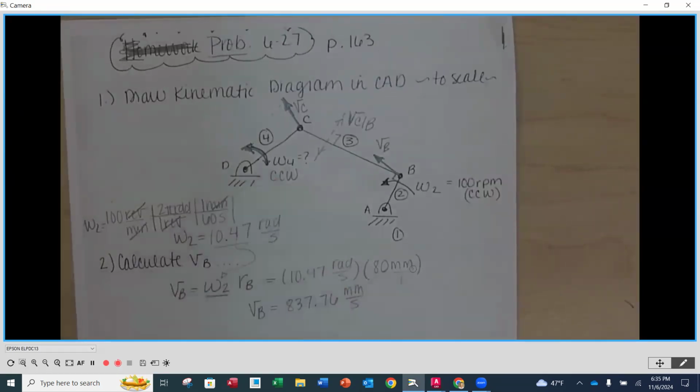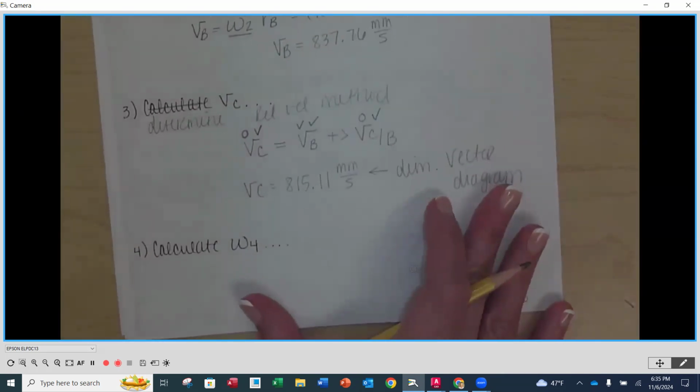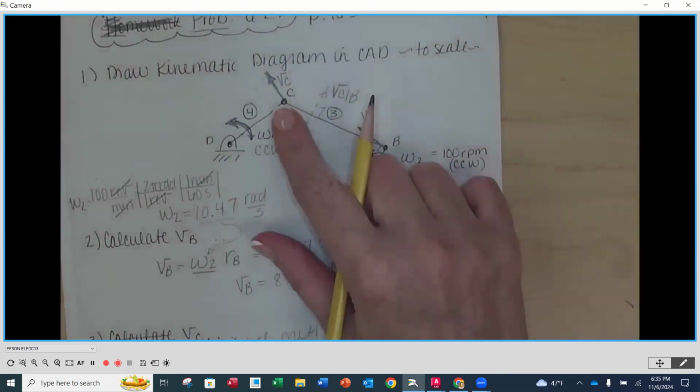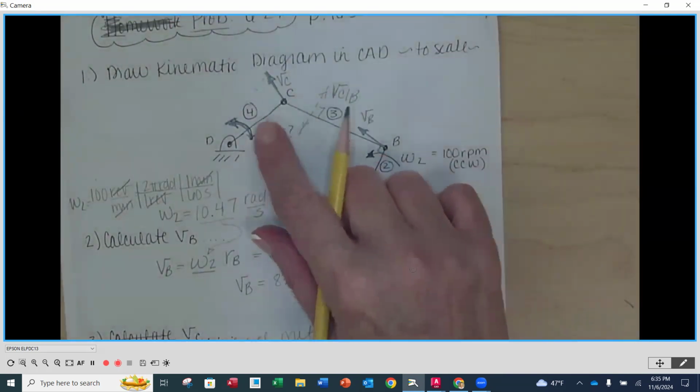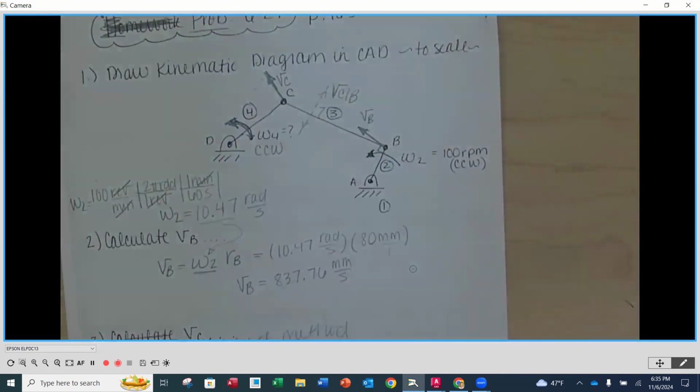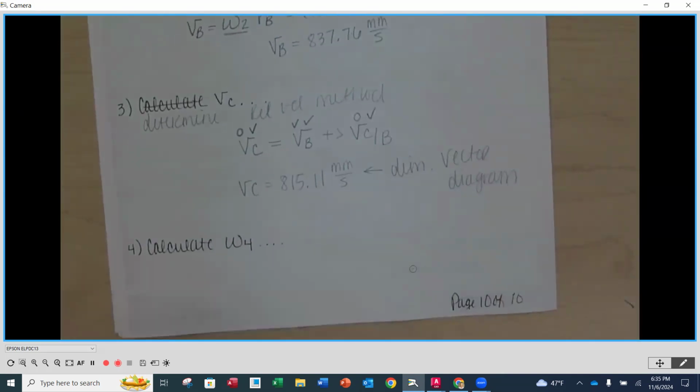Now we just need to calculate that value. How am I going to find W4? I know the velocity of point C, that endpoint right there. I know how long this is from my diagram. It's 720 millimeters. What is the equation that I'm going to use to calculate W4?